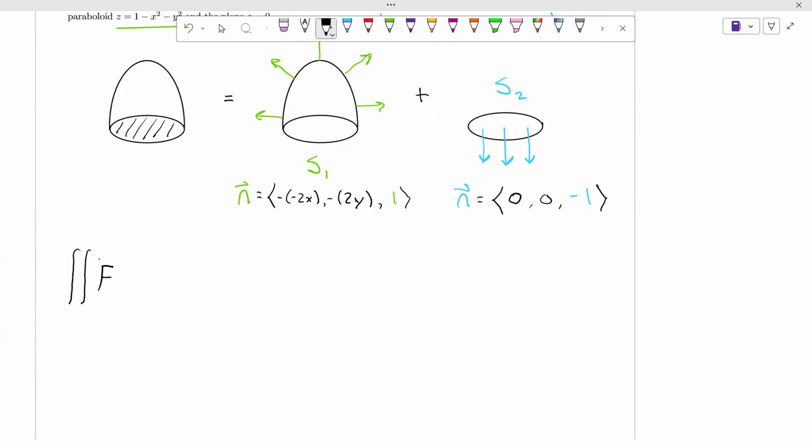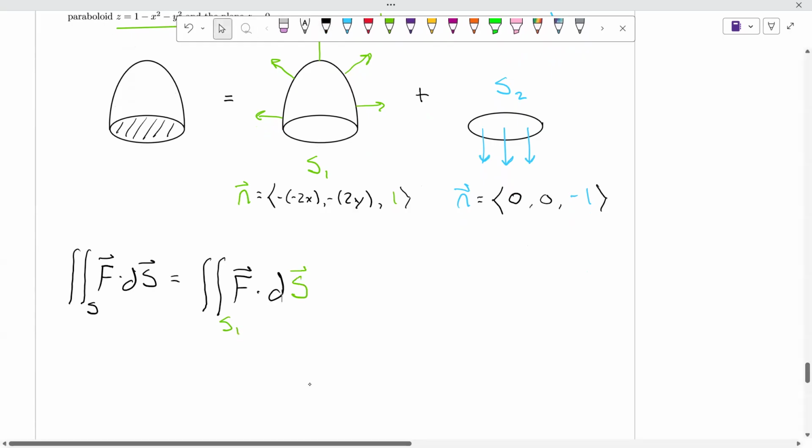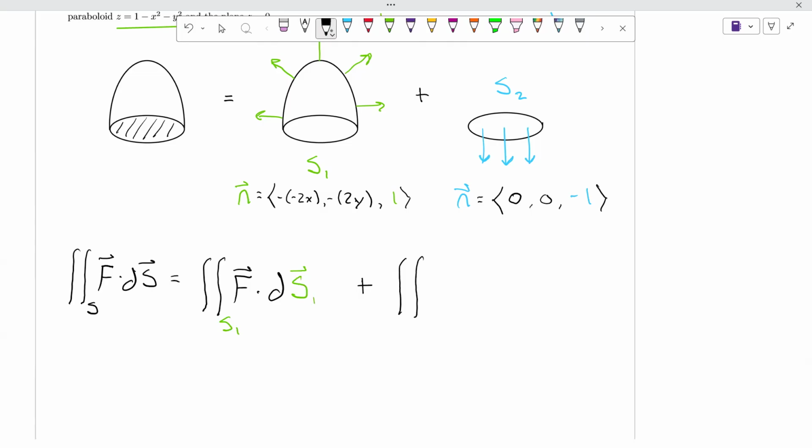The first bit is to notice that the integral over the surface S of f dot dS is equal to the surface integral over S1 of f dot dS, where that's going to change to be the value along S1, maybe call that dS1, plus the surface integral across surface 2 of f dot dS2.